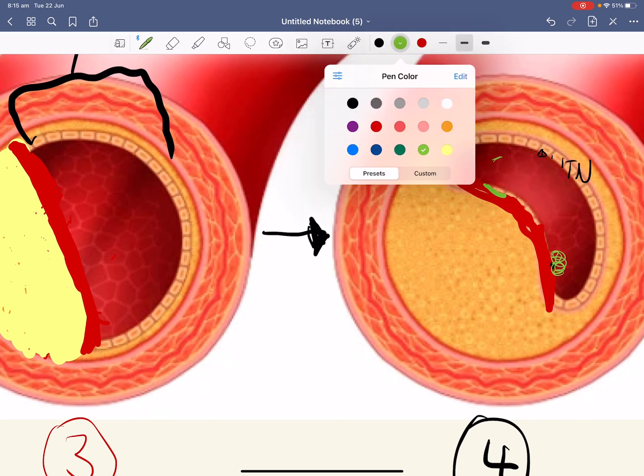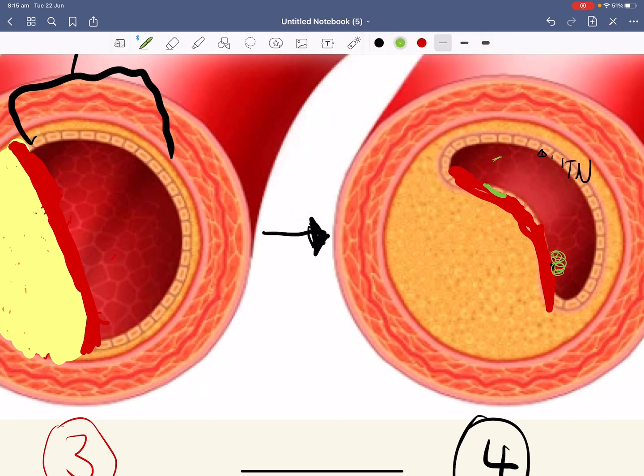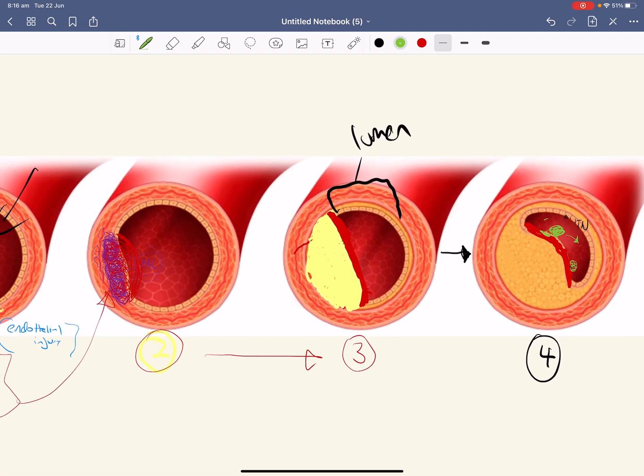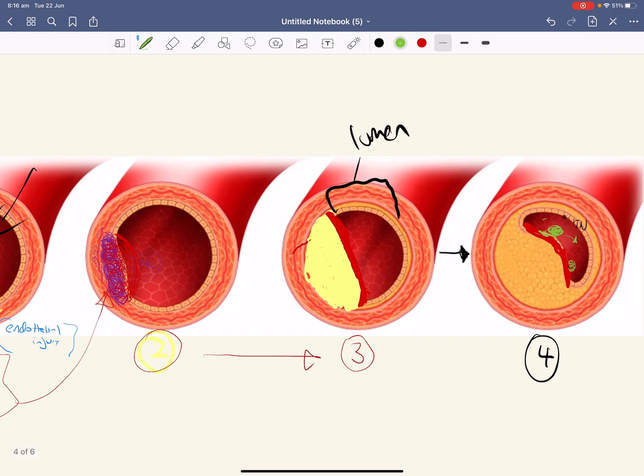So go back to the clot. We have the clot forming here, but what happens is it actually breaks from here and then travels. So then it moves downstream. So this could go from the carotid blood vessel, break off, go downstream, which means it goes into your internal carotid and then to your cerebral blood vessels, which then blocks it off and you get a stroke.